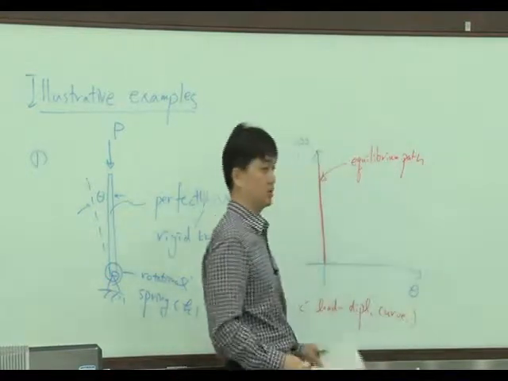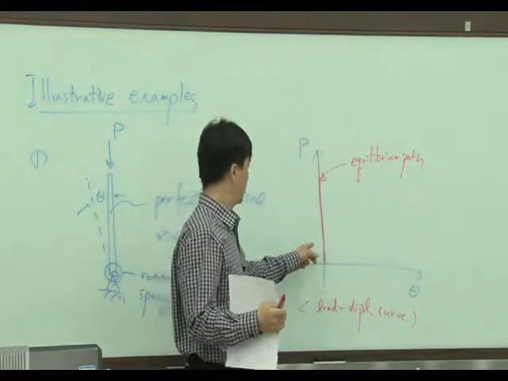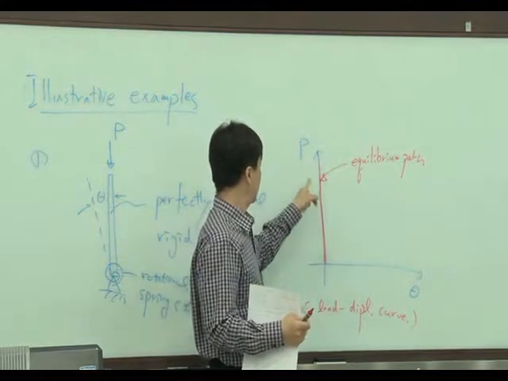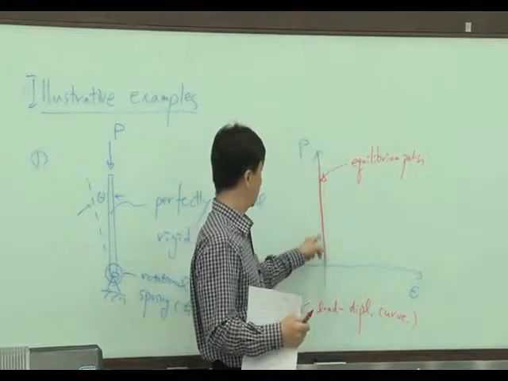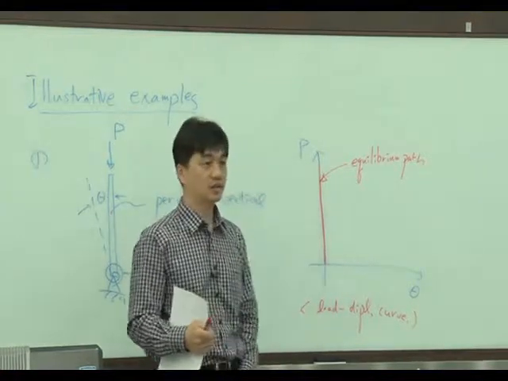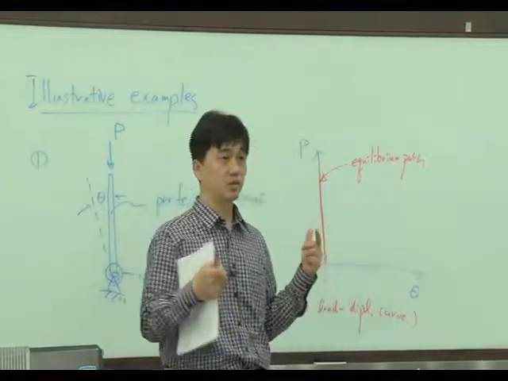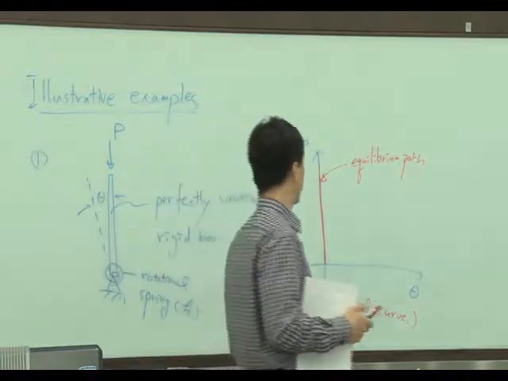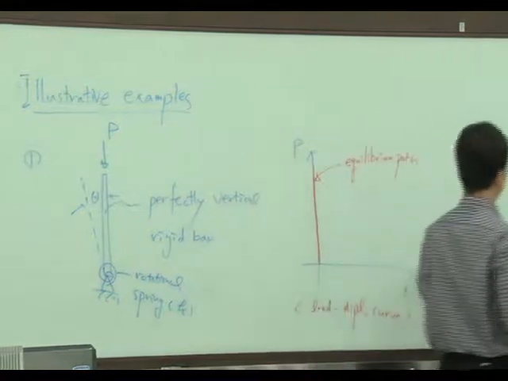Why is this the equilibrium path? When the position of theta and P is on this line, this structure is always in equilibrium, right? So this is the equilibrium path.